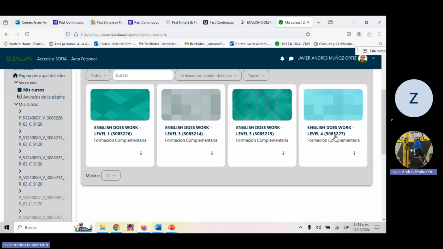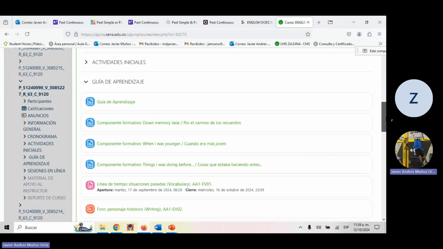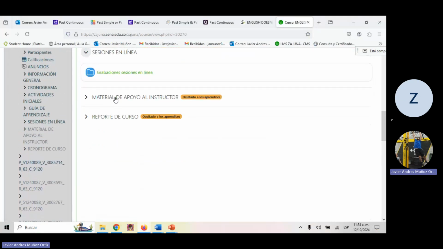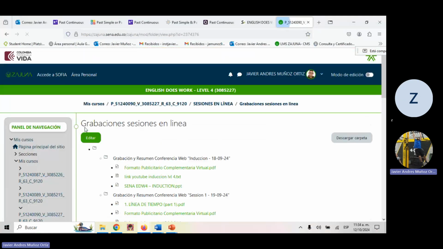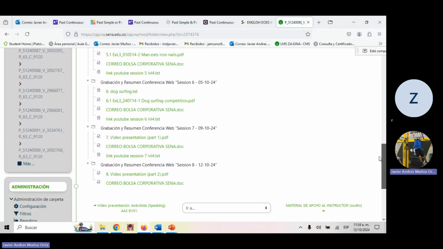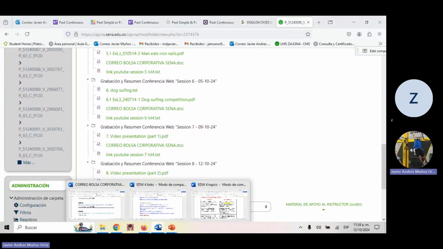In Zajuna, you open your level, I mean English as a Work Level 4, and once you are in it, you can find the inscription links in sesiones en línea, grabaciones sesiones en línea, and starting from session number 5, 6, 7, 8, you can find a document called Correo Bolsa Corporativa.